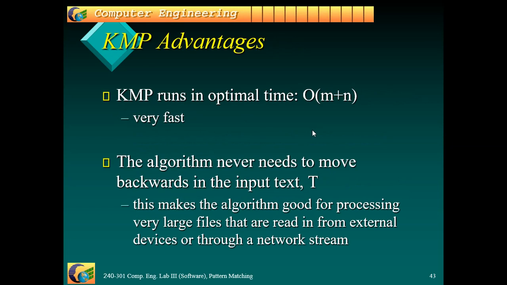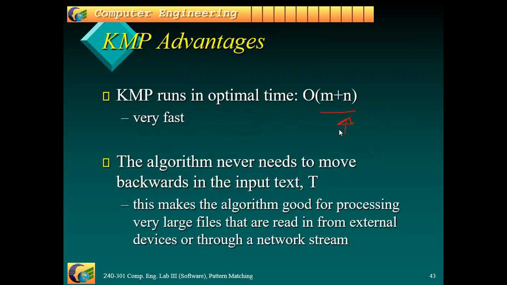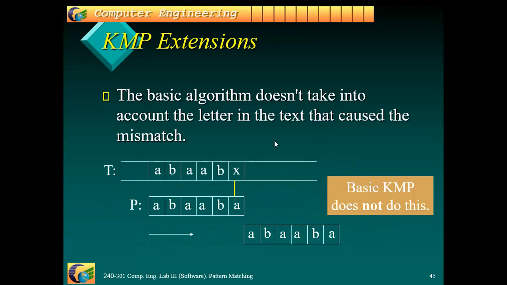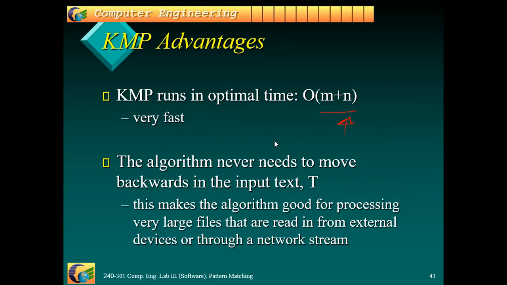If you look at the time complexity, it is m plus n, right? This is compared with the average case of brute force. So the optimal time of KMP is m plus n.